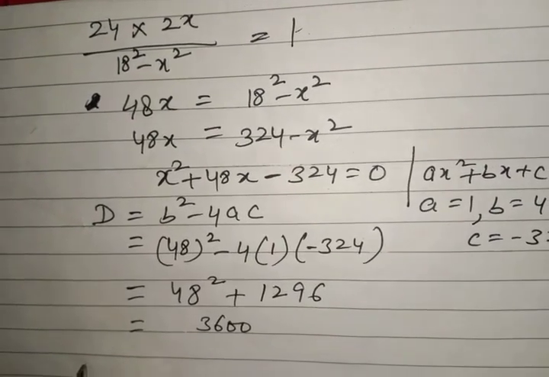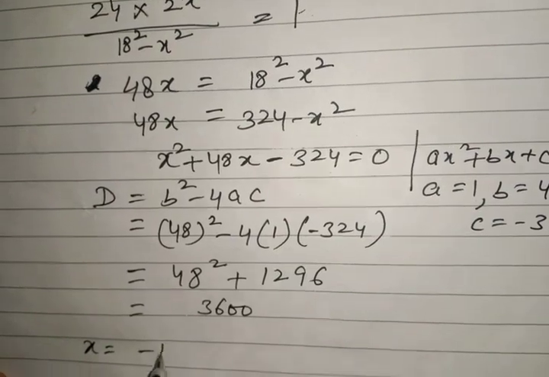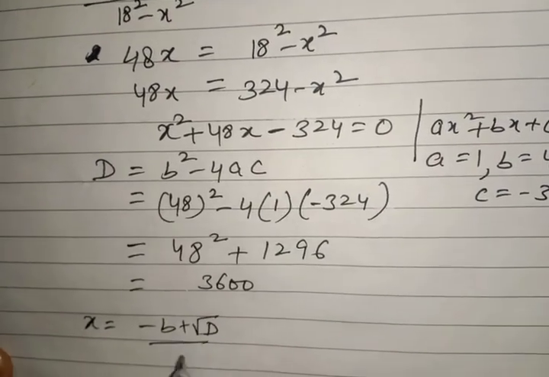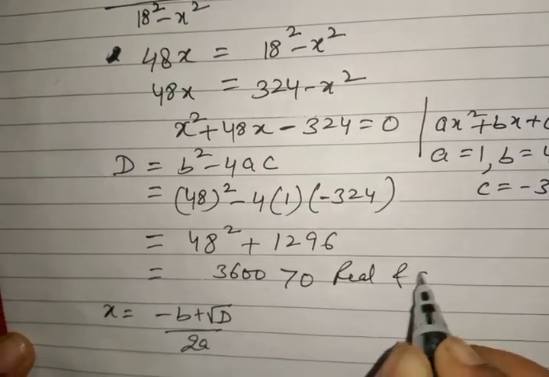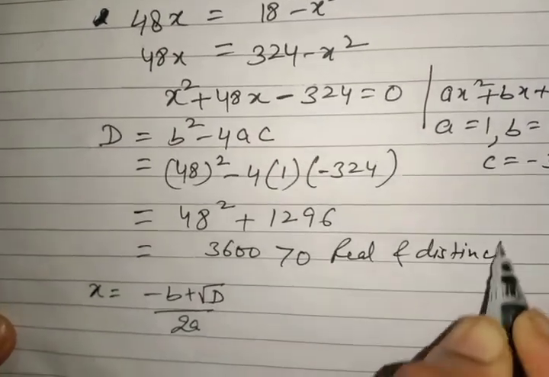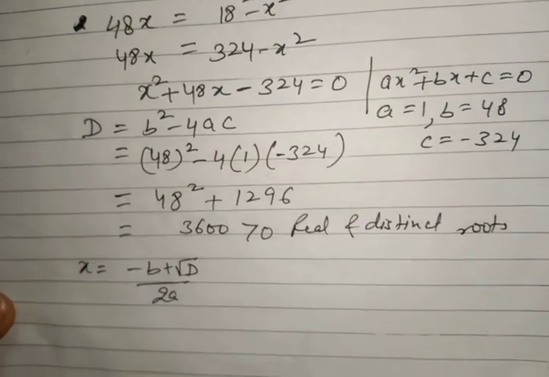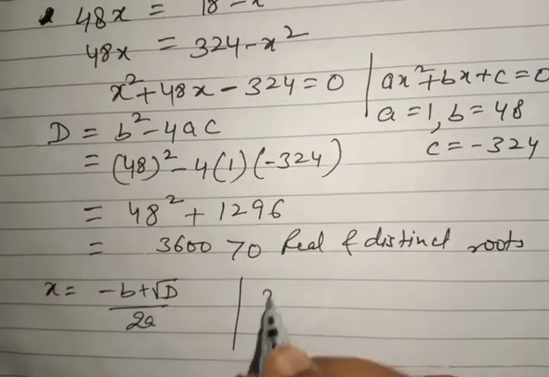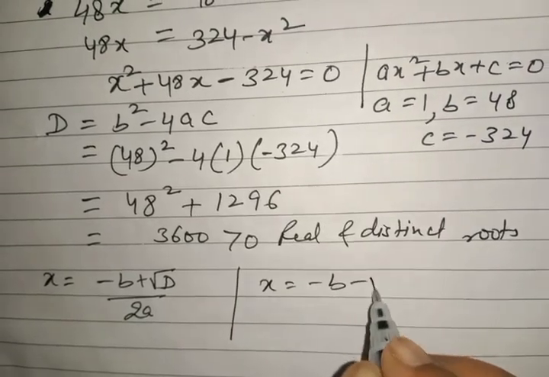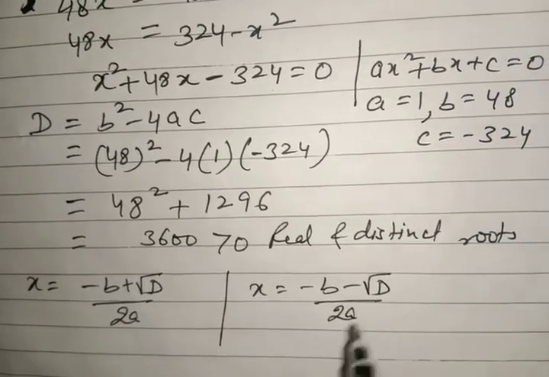So x is equal to minus b plus root D upon 2a. This is greater than 0, so real and distinct roots, all of you know this thing. In each and every question we have applied this. Real and distinct roots exist. First answer is this, and the other is minus b minus root D upon 2a.